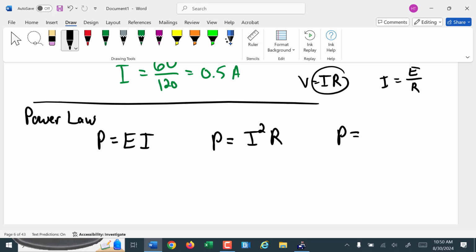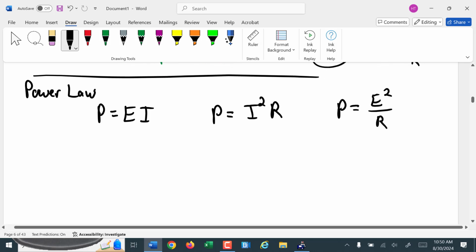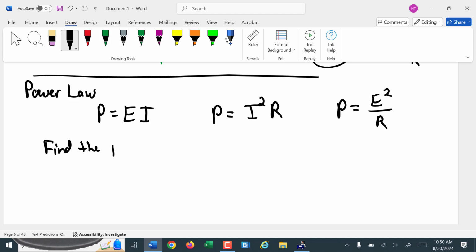So it's difficult to measure current. So more often when we're calculating power, we don't know the current, but we saw up above that the current was equal to the voltage divided by the resistance. So if we put that into our power formula, we can calculate the power as voltage squared over resistance, E squared over R.